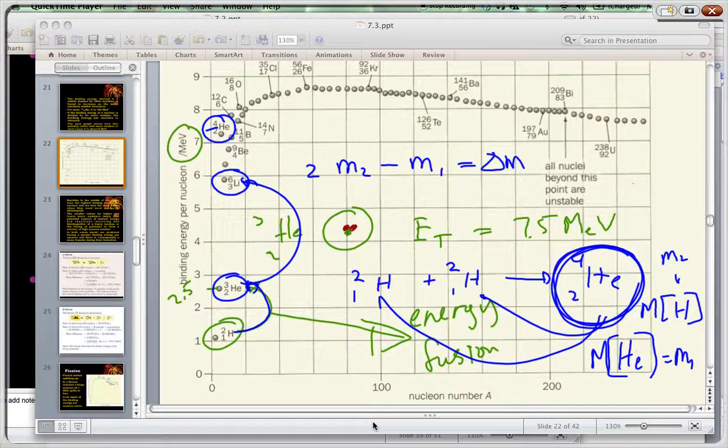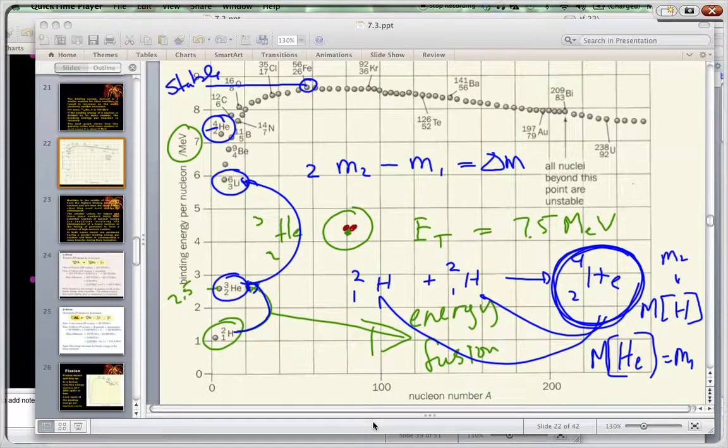Now this goes on, so you get your carbon forming, your oxygen forming, all the way to iron, which is your most stable. This is the most stable that you can get. And then you start getting less and less stable. They're pretty stable still, but the binding energy gets less and less.